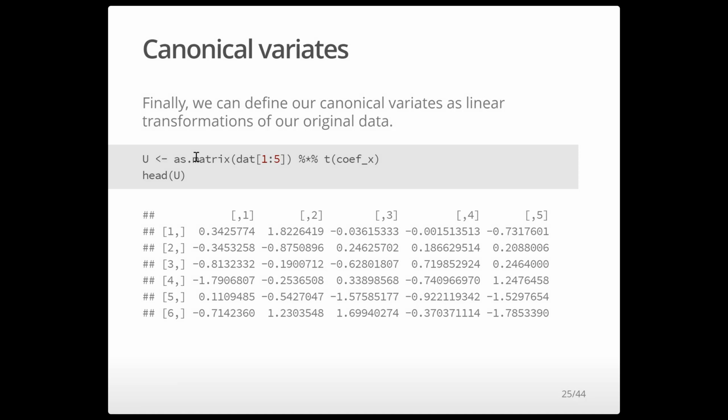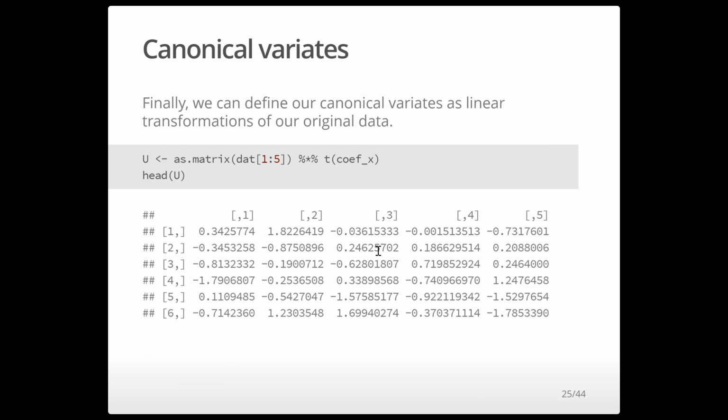Here I'm using matrix multiplication to multiply each variable by each coefficient, so that each column here is now a canonical variate. The first column is just the first 6 rows of the first canonical variate, but this full matrix matches the size of our original data, which is I think 784 observations. I'm just showing the first 6 rows.